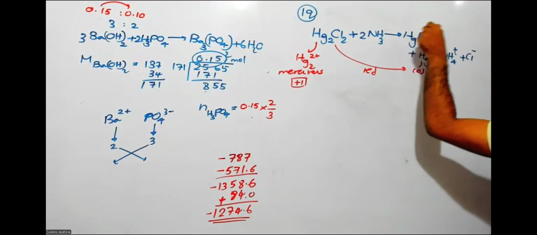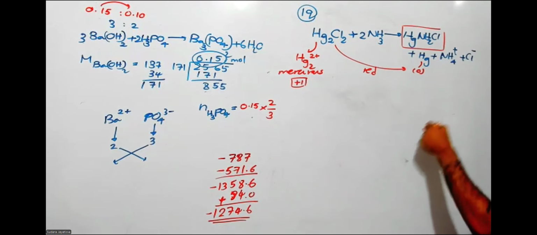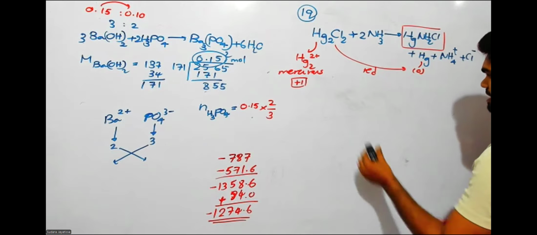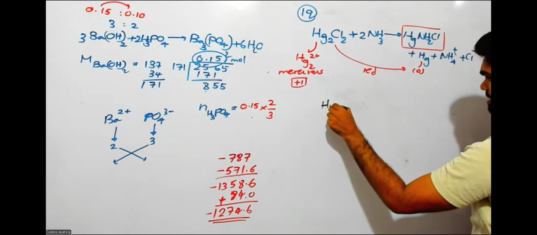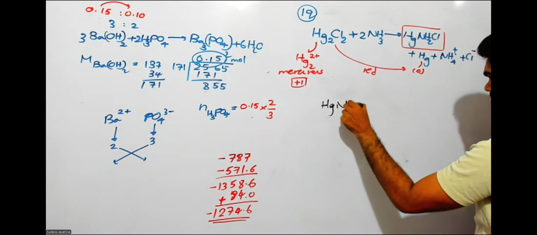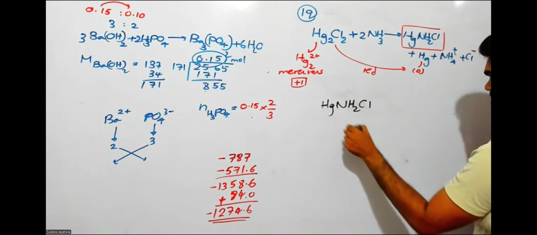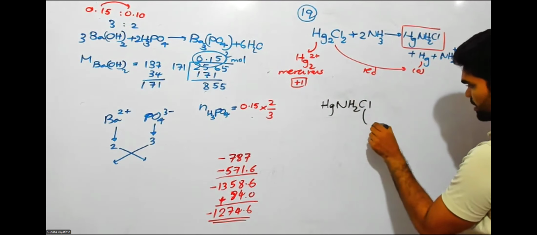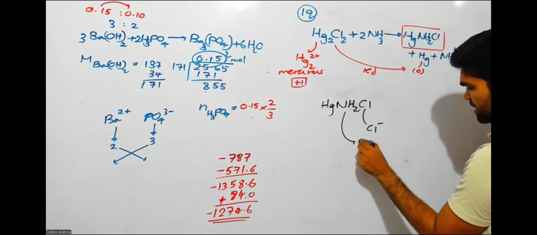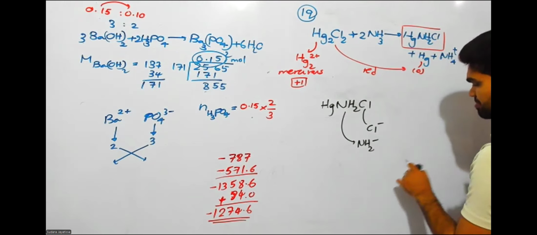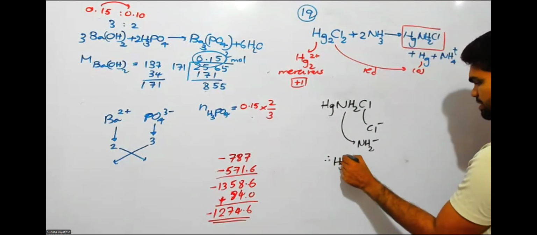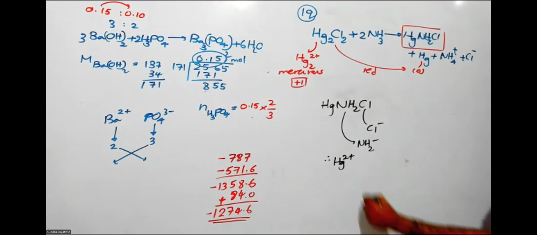And here, this one is very important to understand. What is this HgNH2Cl? This is an ionic compound. Here you have Cl minus. Here you have NH2 minus. So therefore, this must be Hg2+. Understood?